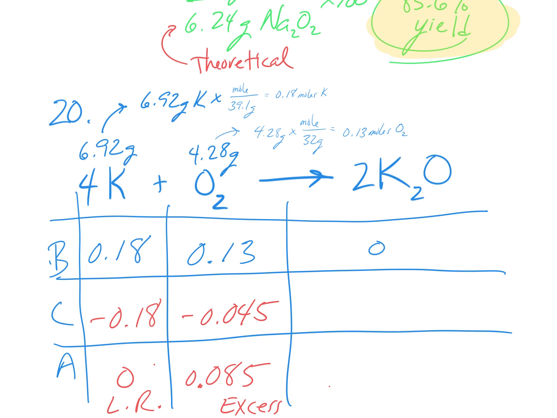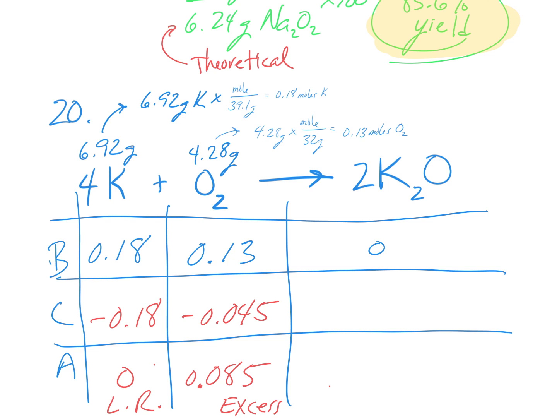Okay, well, how much potassium oxide am I going to make now? Well, we could take a look at the mole ratio, 4:2. So whatever amount of potassium is used, I'm going to make half of that number of moles, because that's a 4:2 ratio. That's 1/2. Okay, so we're going to make 1/2 of 0.18.